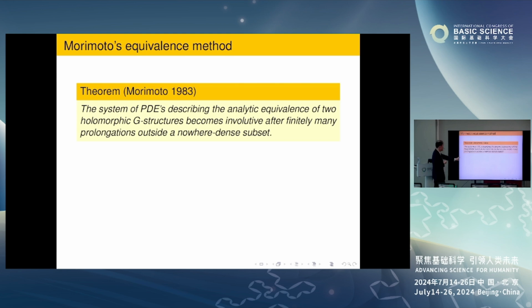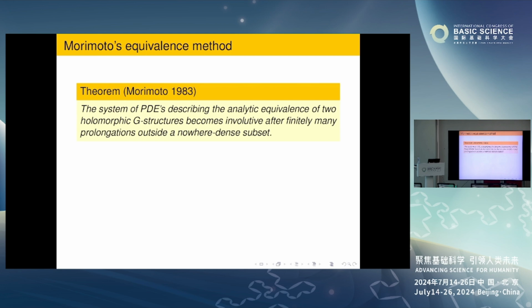What is proved is that a system of PDEs describing analytic equivalence of two holomorphic G-structures becomes involutive after finitely many prolongations outside a nowhere dense subset. So this guarantees that if you go to a general point, not a general fiber, a general point of the universal family, then you can apply the approximation theorem for PDEs.